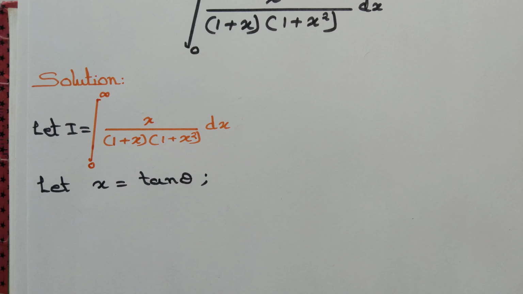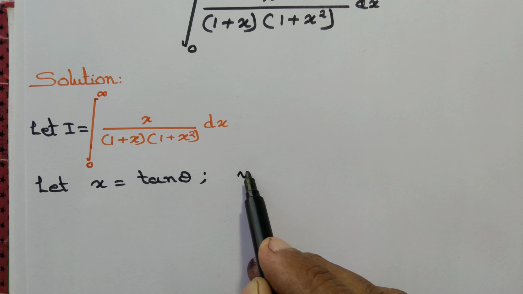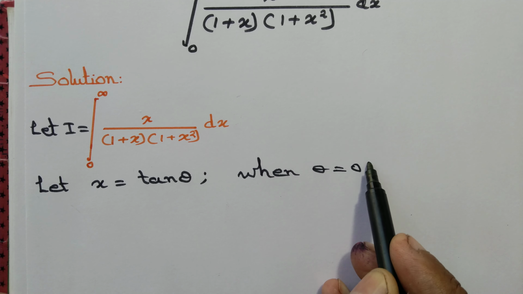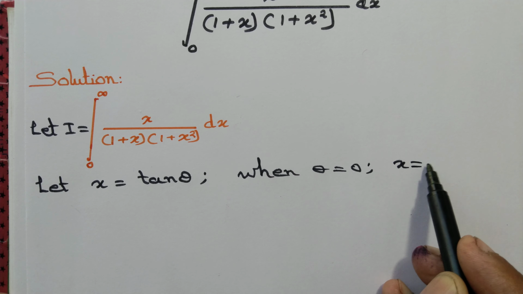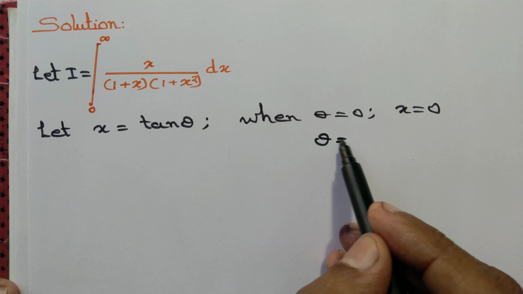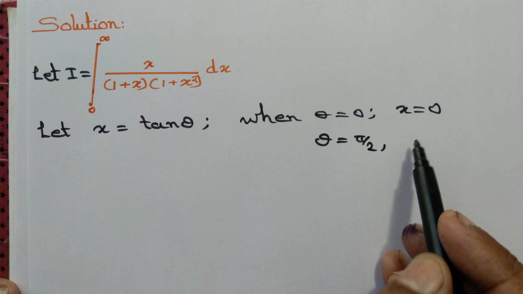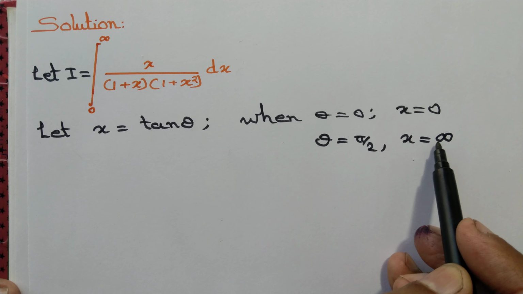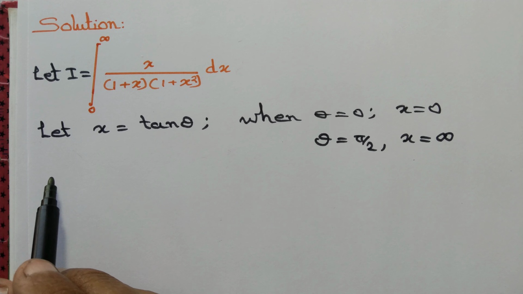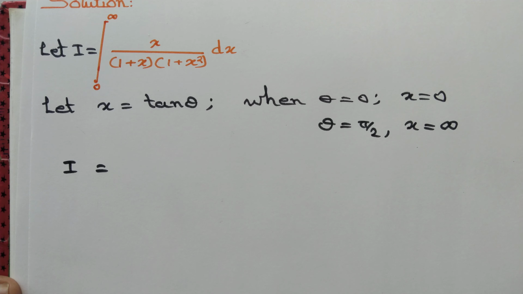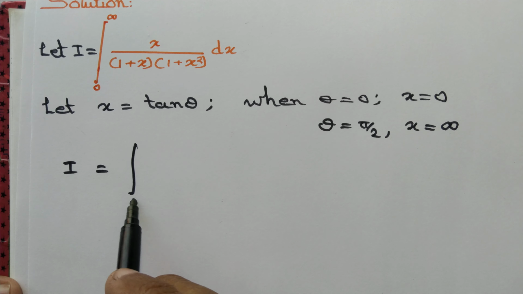How about the limits? When theta equals 0, x equals 0. And when theta increases from 0 to pi by 2, x increases to infinity. So we can write the integral as I equal to the integral from 0 to pi by 2.